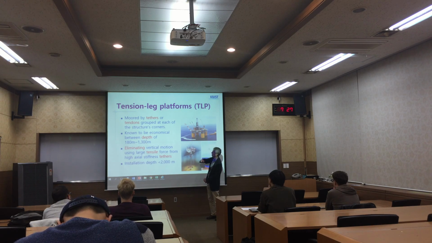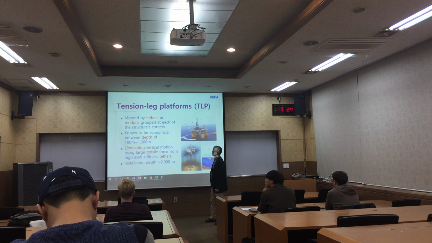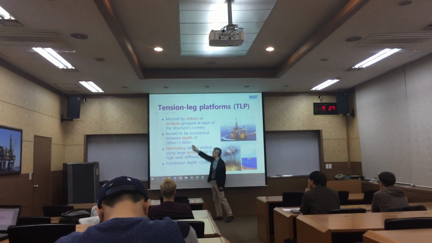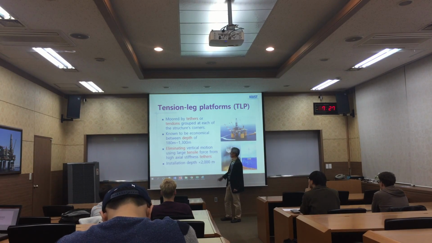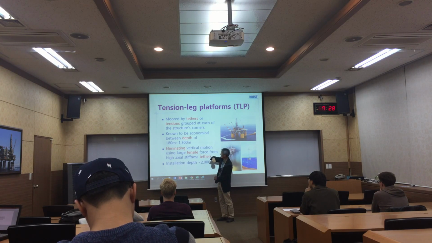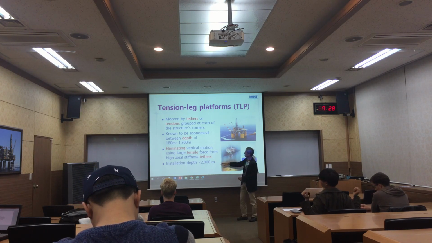Especially the heaving, there is not so much heaving. Even though there is a wave, known to be economical at depths around 1,000 meters. So there is little vertical motion because of the high tension, because of large tensile force in tethers.